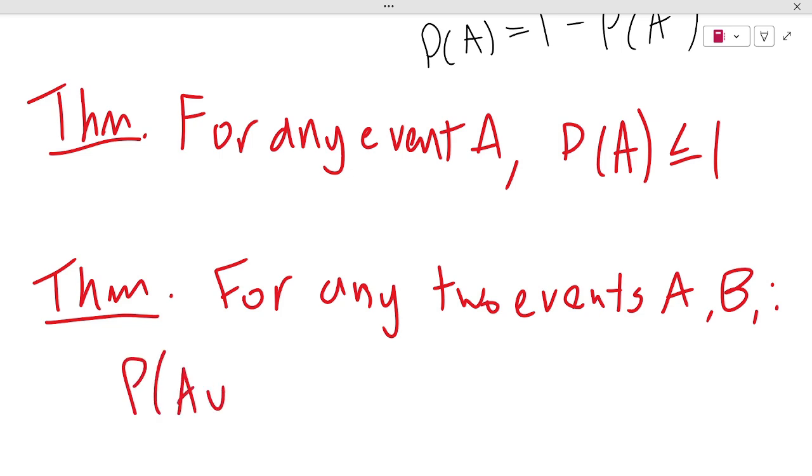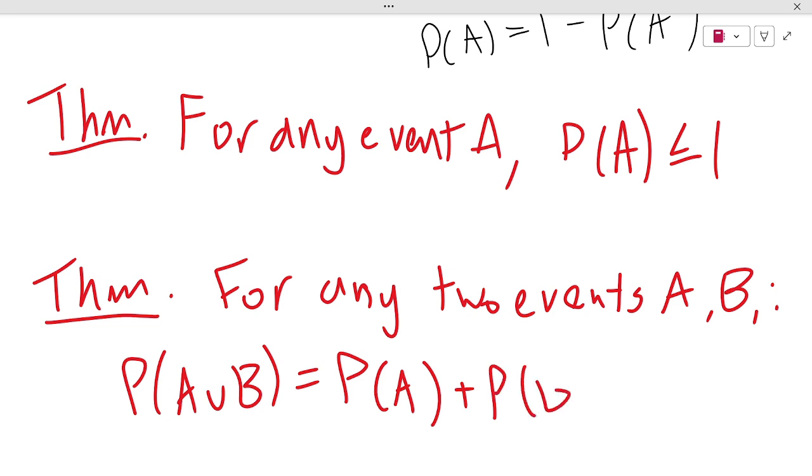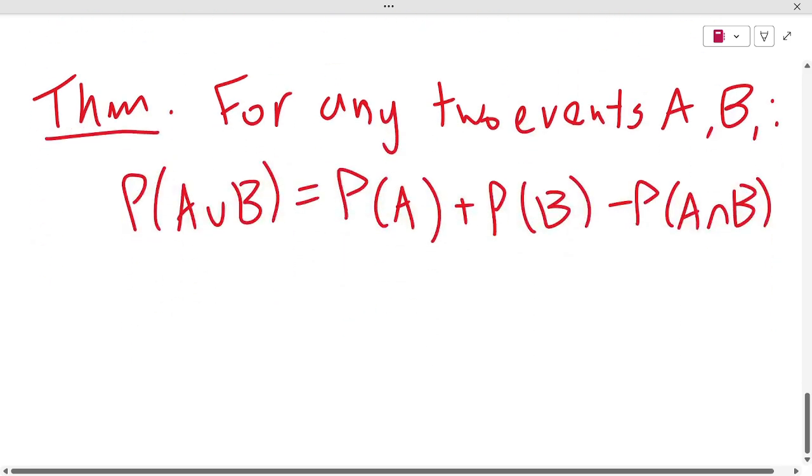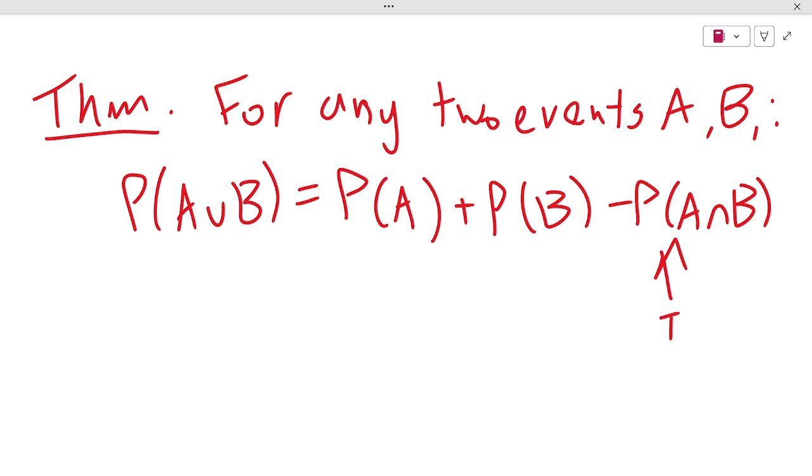The probability of A union B. So remember, set notation, you can think about this as A or B. The probability that event A or B happens is equal to the sum of the individual ones minus the intersection. Now you might be thinking, well, didn't we already come up with a definition for the probability of the union between two events? We did, but that's only if they're mutually exclusive, right? Because if they're mutually exclusive, then the intersection is equal to 0.